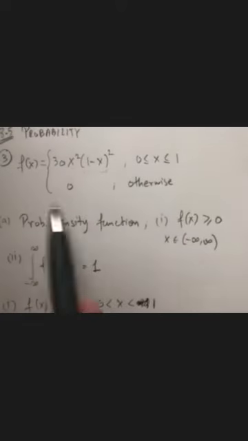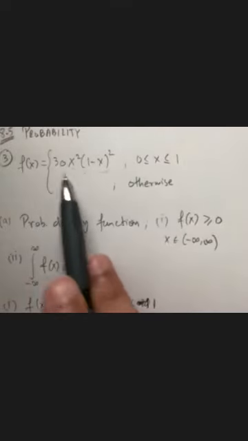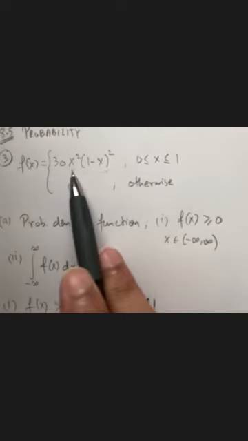And f of x is 0 for all other x, when x does not lie in this interval, and is 0 when x is equal to 0. So the first property is satisfied.